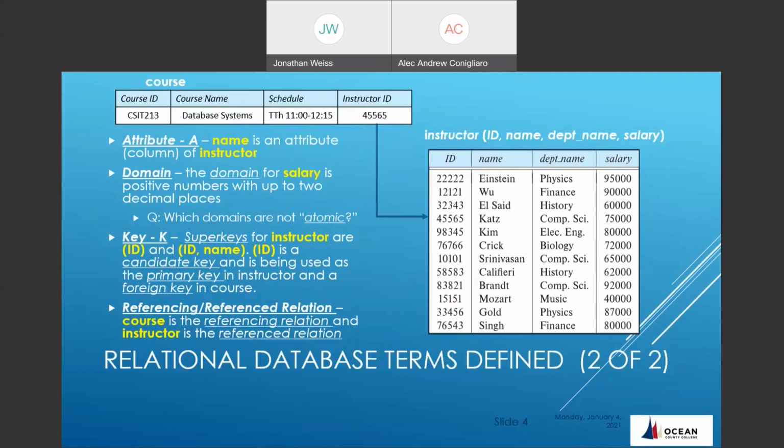So instructor Cartesian product course would be every combination of the tuples in these two tables, which is, in my opinion, bloody well useless, right?